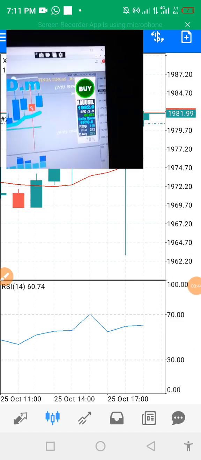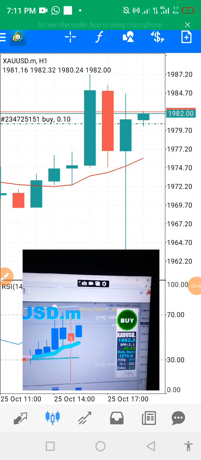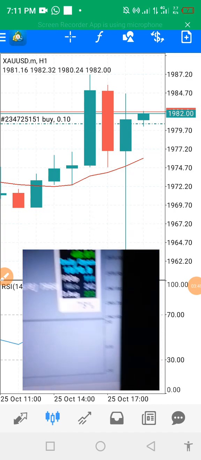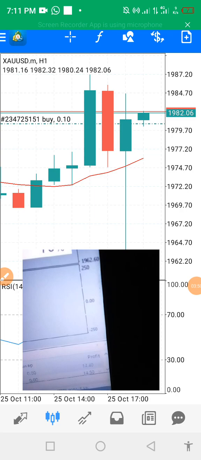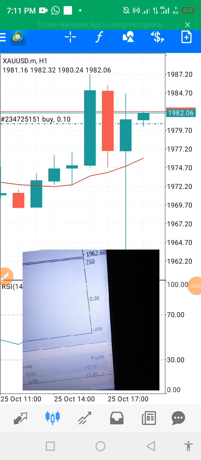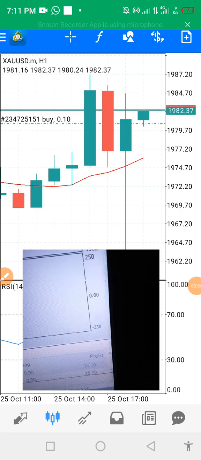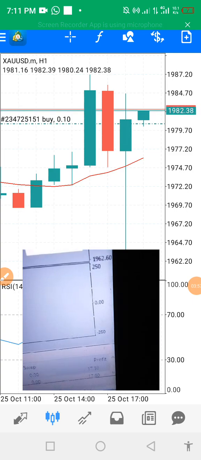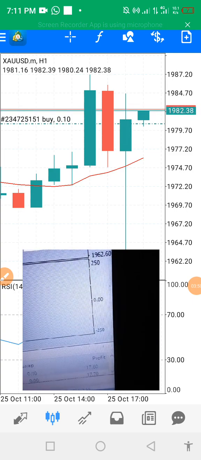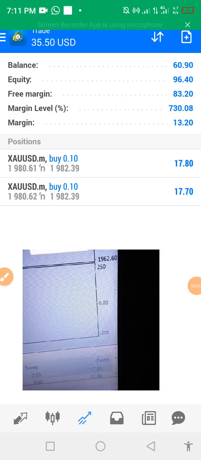Let me show you this robot here, and also here just showing us how the trend is going. I think it's now, as you can see, 16, 17, we're almost 40. Okay, 35.